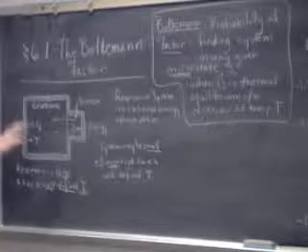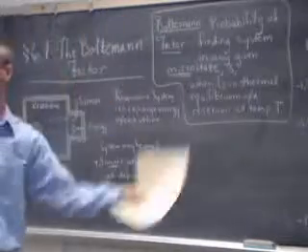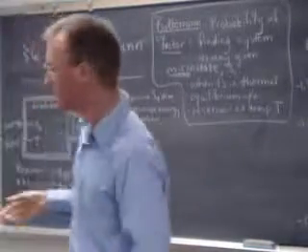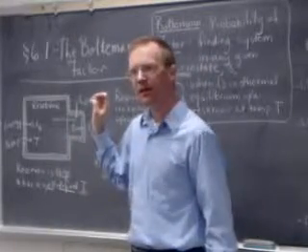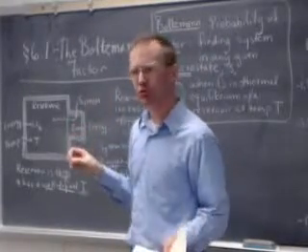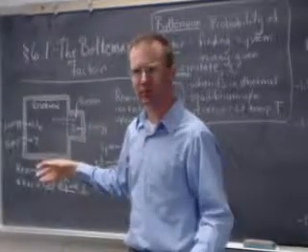Now, the reservoir certainly has a well-defined temperature. Maybe it's the air in the room, for example. Whereas the system might be so small that it doesn't have a well-defined temperature. Maybe it's a single atom. What's the temperature of an atom, for example?